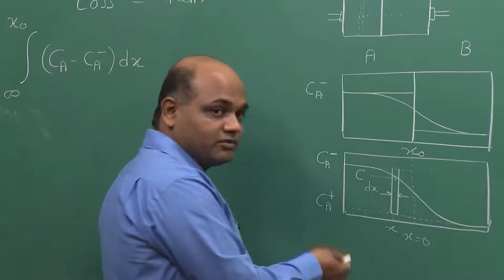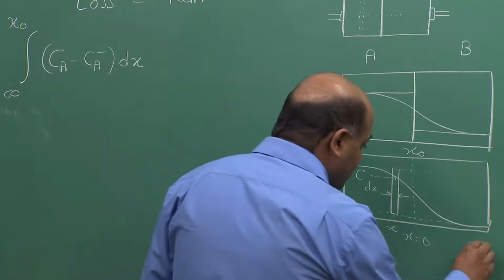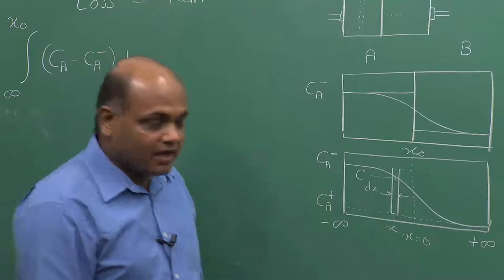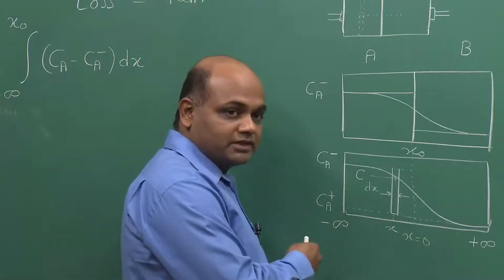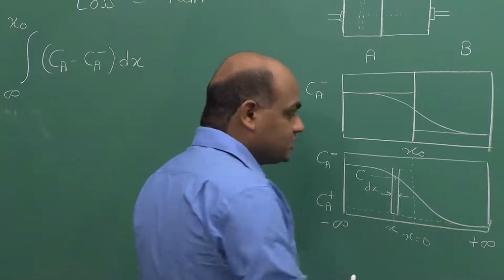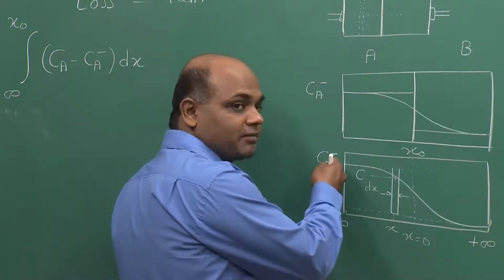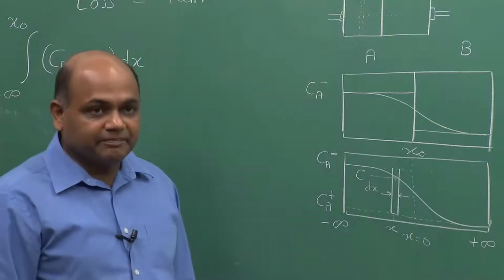So, in a sense, we can treat the left terminal as minus infinity and the right terminal as plus infinity, and at minus infinity and plus infinity, that is at the two terminals, the original concentrations will be maintained. The original concentrations were Ca minus at minus infinity and Ca plus at plus infinity.